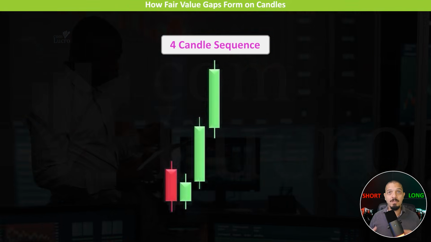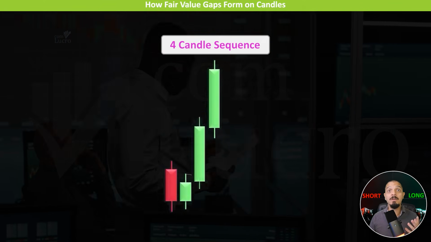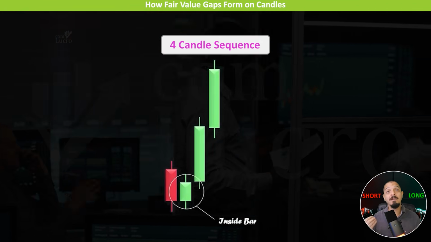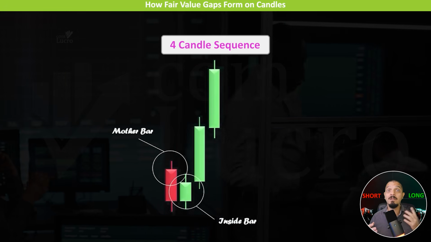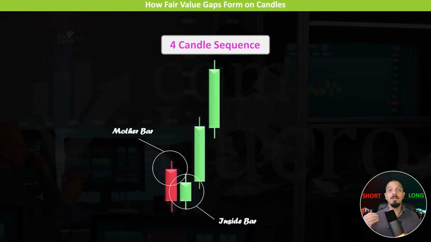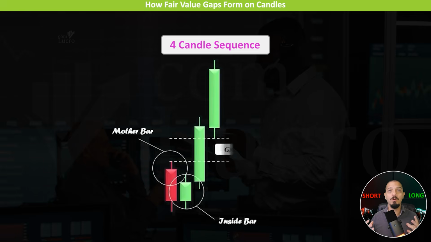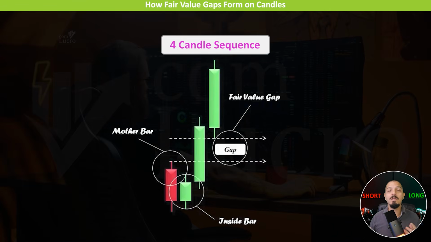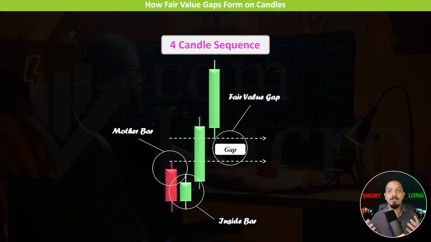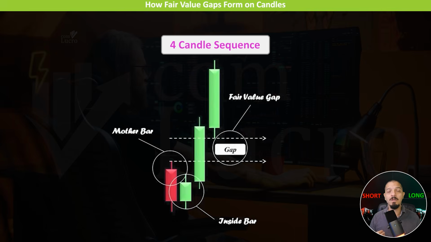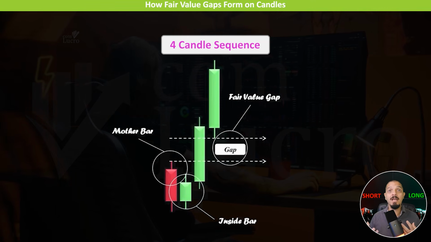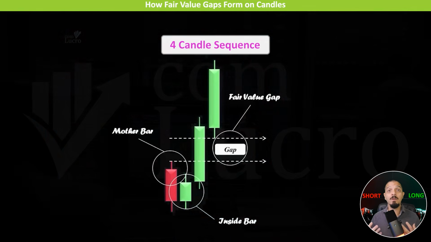There is one exception, where a 4-candle sequence must be considered to identify a valid fair value gap. When the first candle in a 3-candle sequence is an inside bar that forms within the range of the previous mother candle, we need to analyze a 4-candle sequence to mark the correct zone. In situations like this, if we ignore the mother candle when drawing the fair value gap, the result will not be accurate or optimized.